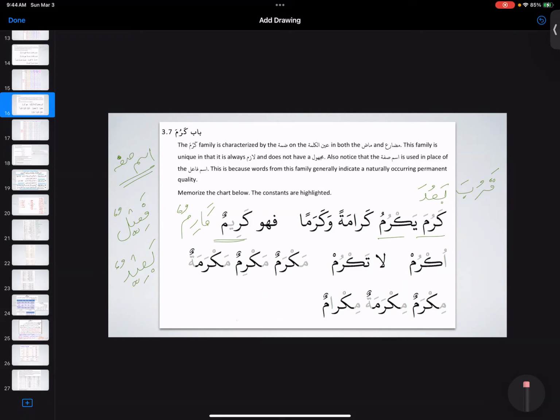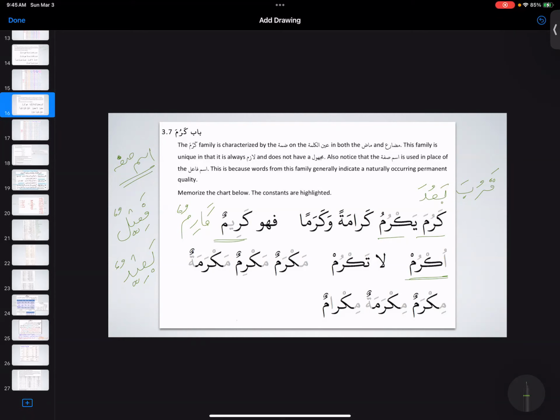Okay, then we have the passive version, ukrum. Sorry, there is no passive version for that, because the af'al are going to be lazim from that family. So if it is lazim, then there is not going to be any majhul. Then we have ukrum, which is amr over here.